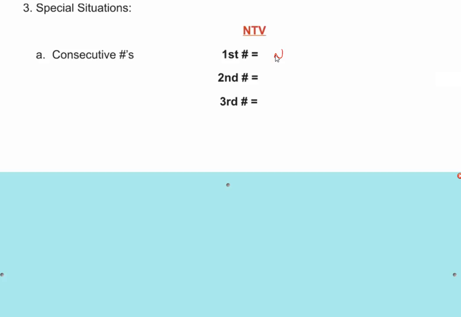So, if the first number's n, what's the second number? And if you say y, then we won't be able to solve the problem. So let me help you out. I'm going to give you a number. You tell me the next consecutive number.